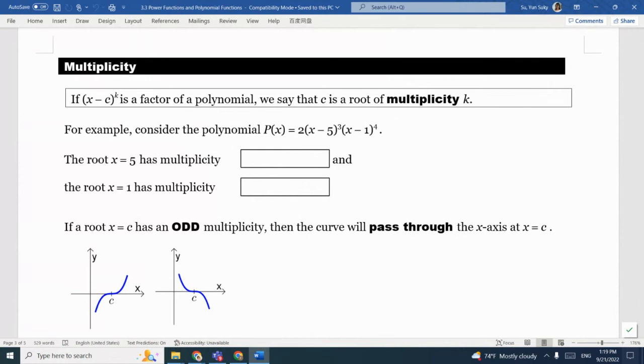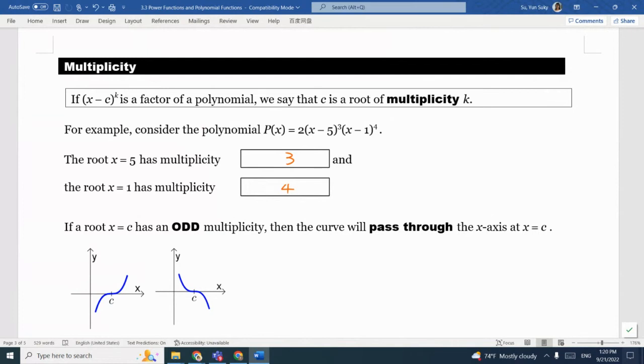So c is a root of multiplicity k. For example, the 5 has multiplicity what? 3. And the 1 has multiplicity 4. Exactly. It is the power of the corresponding factor. Okay, everybody?